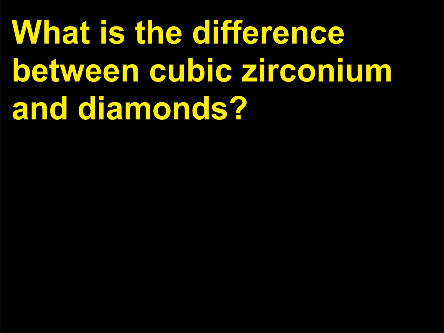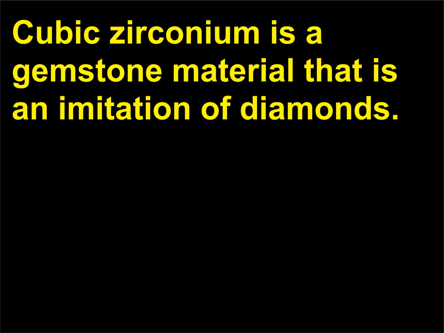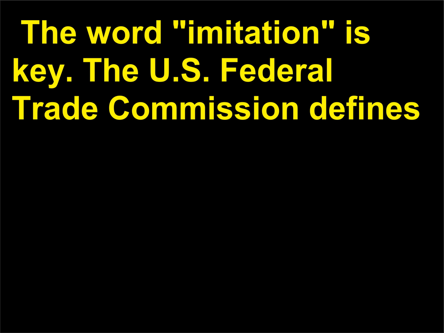What is the difference between cubic zirconium and diamonds? Cubic zirconium is a gemstone material that is an imitation of diamonds. The word imitation is key.